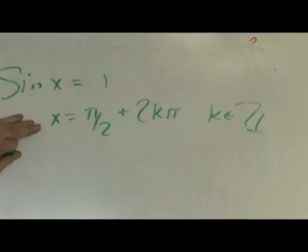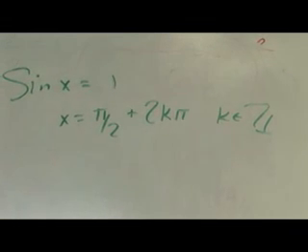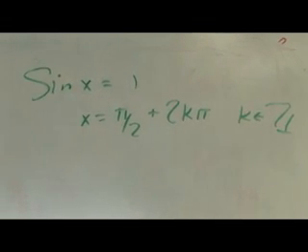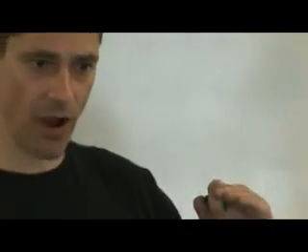This has only one single branch. These answers go off in a certain direction, I suppose you can think about it. And the reason was because sine has period 2 pi, and the picture of sine showed that 1 and negative 1 are only going to happen once in every 2 pi.